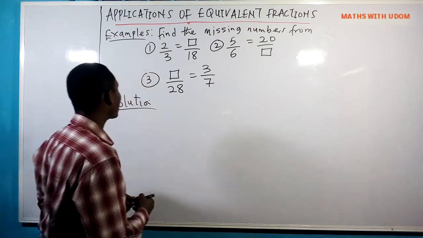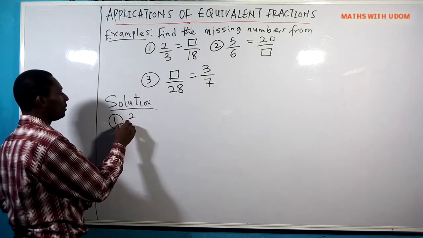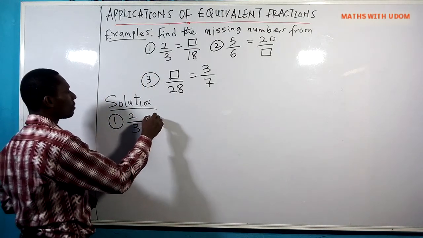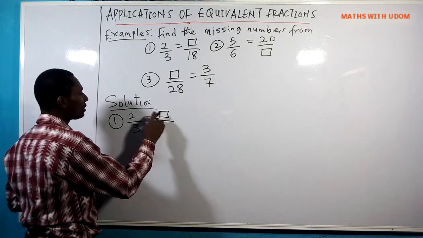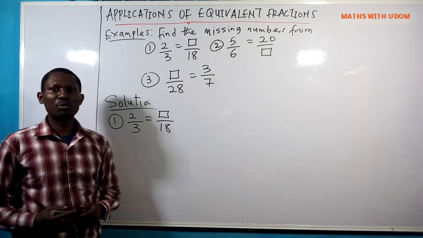Let's start. From the first one, we have 2 divided by 3 equals box over 18. The first thing to do is to represent the box with an alphabet.